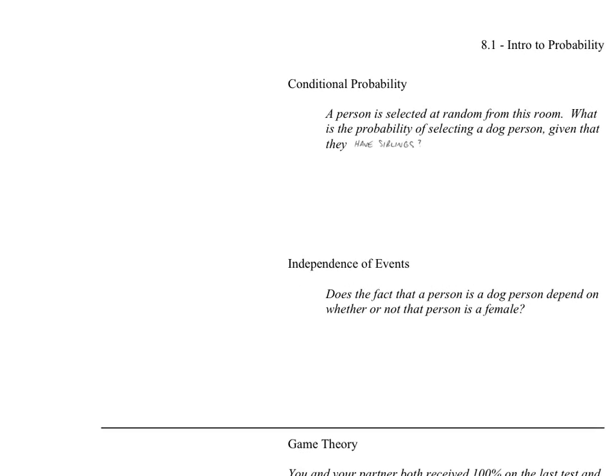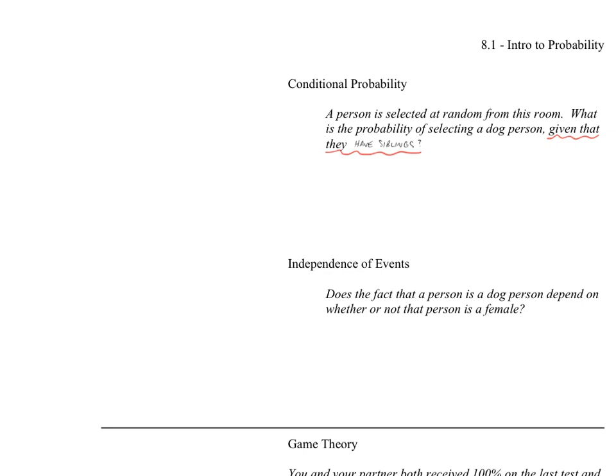So a person is selected at random from this room. So again, in this room, you still have the same amount of people you had when you were calculating the probability earlier. What is the probability of selecting a dog person, given that they have siblings? So this is where it gets a little more complicated. Given meaning that's the most important thing.